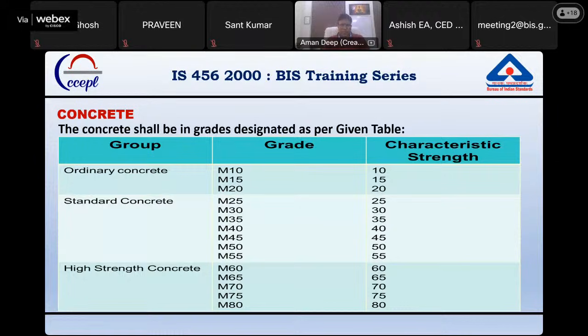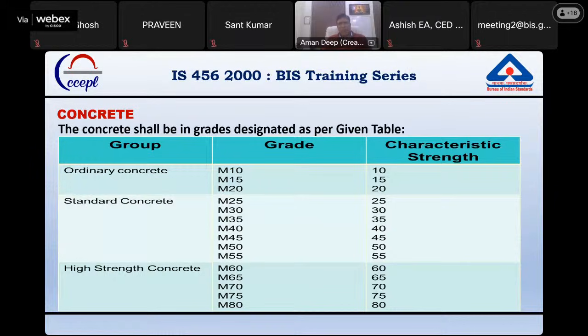And nowadays, strength even higher than M80 is also available in the technical domain. Some RMC plants are making higher strength, and nowadays for very special structures, M60 to M80 concrete grade is also being used popularly. Earlier, we were using mainly the standard grades of concrete for all types of structures.